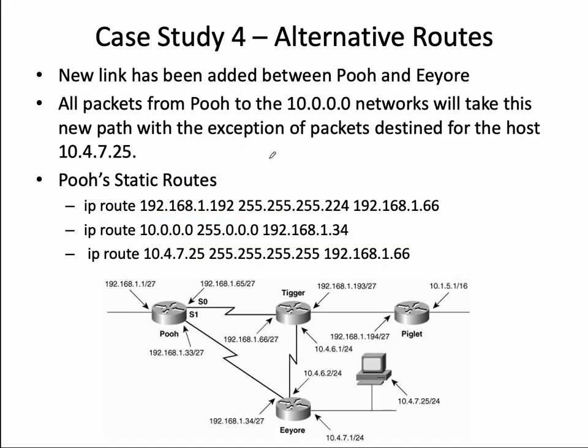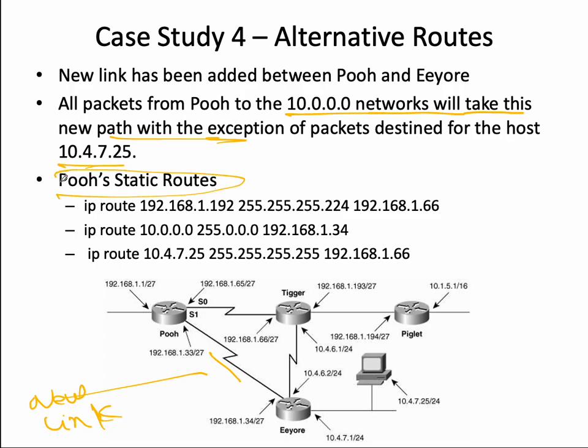And now let's take a look at the alternative routes. In static routes, for example, this is the new link we added, right? This is the new link that has been added between these two routers, POO and IGOR, right? So all packets from POO to the 10.0.0.0 network will take this new path, with the exception of the packet destined for the host.